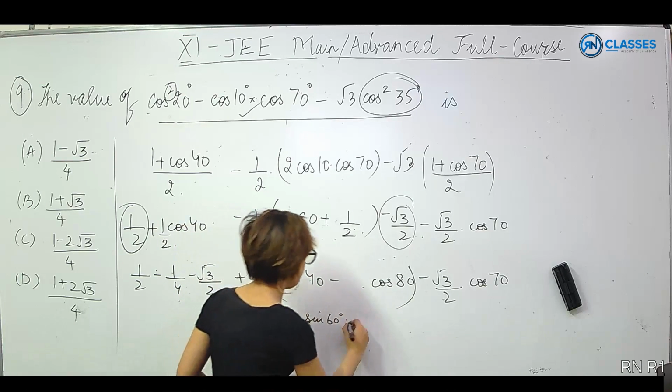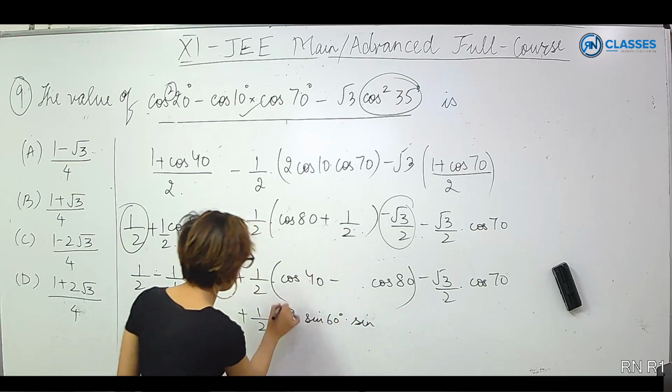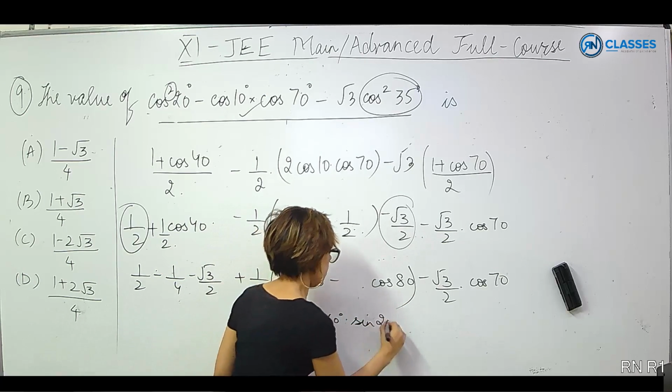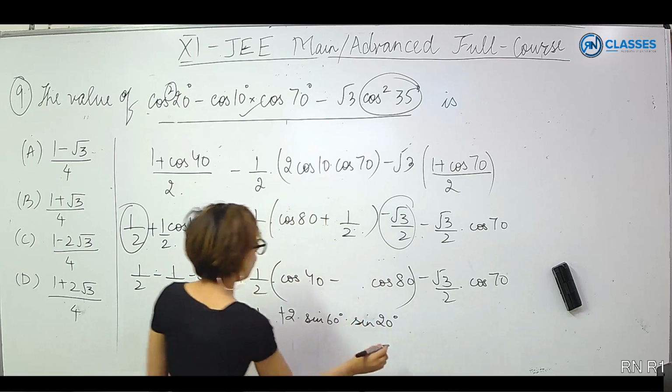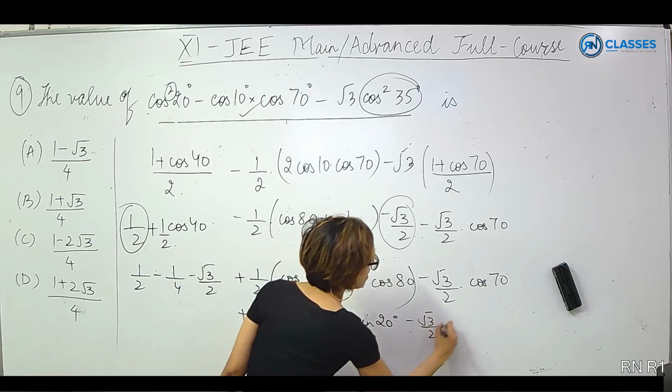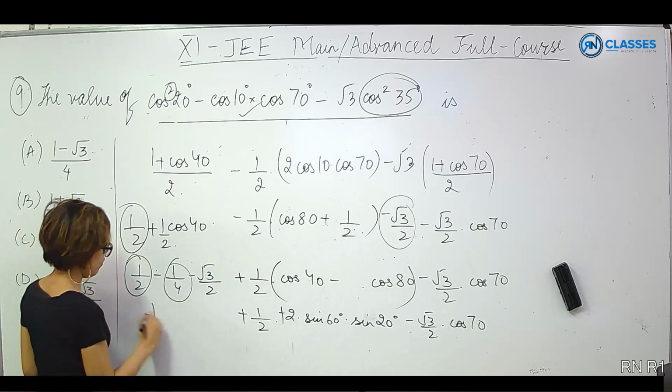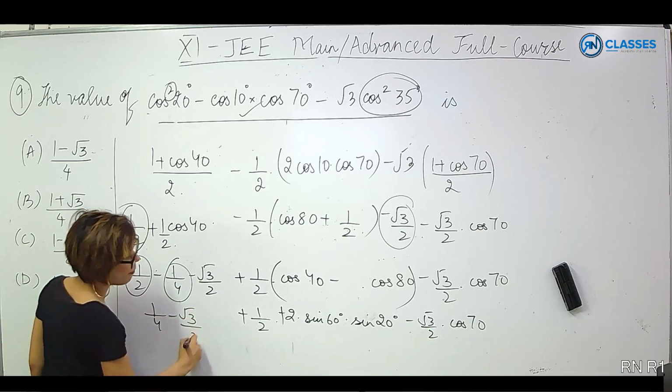Now the sign is there, so careful, I need to accommodate the minus sign, so here it will go plus 40 by 2, so that is 20 degrees. Right? Okay, minus root 3 by 2 into cos 70 as it is, and this 1 by 2 minus 1 by 4, so 1 by 4 minus root 3 by 2.